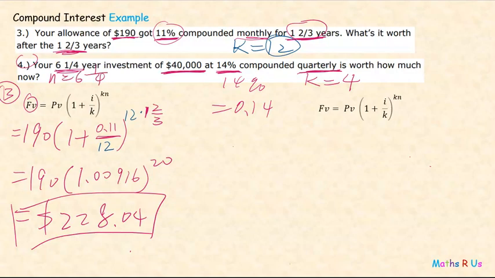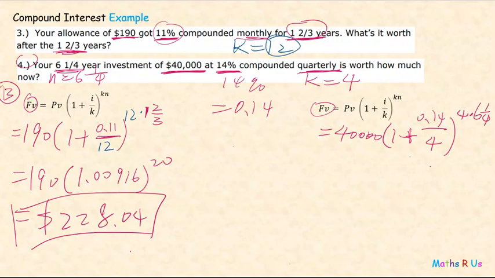All right, now let's see the total amount you can get after this amount of time. So now your principal money is $40,000, and 1 plus the interest rate 0.14, divided by k. In this case, your k is 4, and the power is k times n. N is how many years? 6 and 1 over 4.